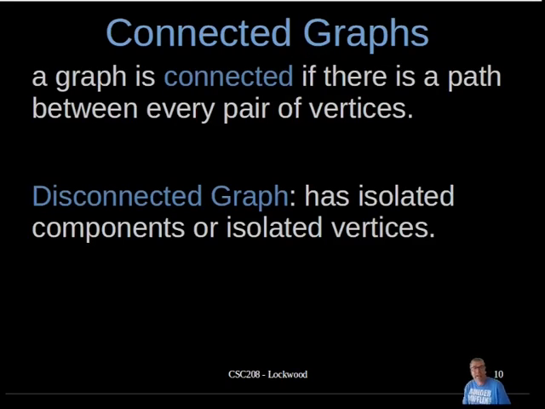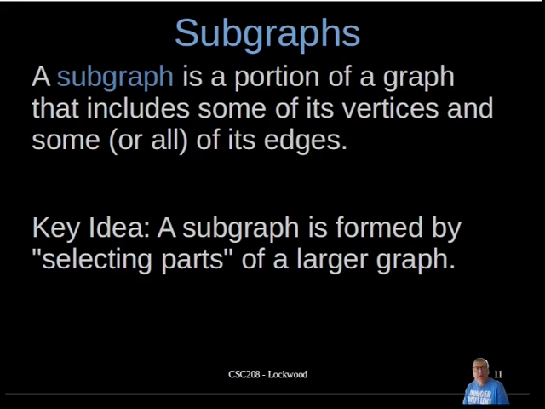Okay, let's talk about connected graphs. A graph is connected if there is a path between every pair of vertices. On the other hand, a disconnected graph has isolated components or isolated vertices. A subgraph is a portion of a graph that includes some of its vertices and some or all of its edges.